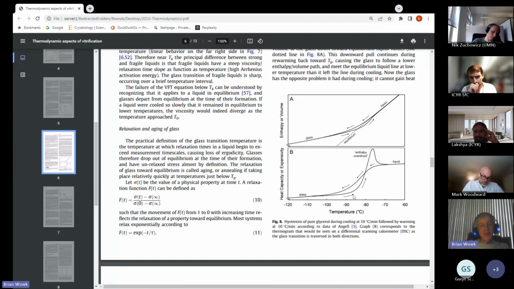So if you wait a long time and you're close enough to a glass transition, they will eventually settle down into a lower energy state. And the main consequence of that is that as you warm them back up again and you go through a glass transition, you'll actually get an enthalpy overshoot on the DSC.